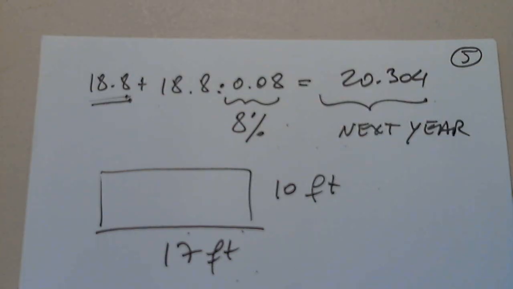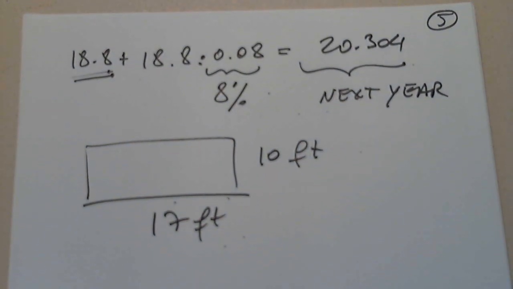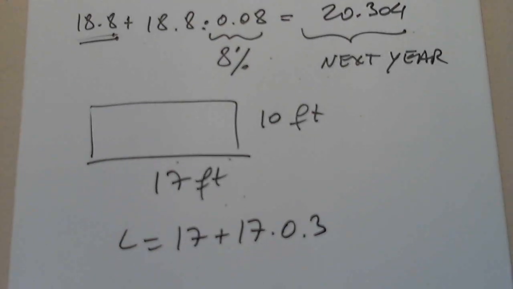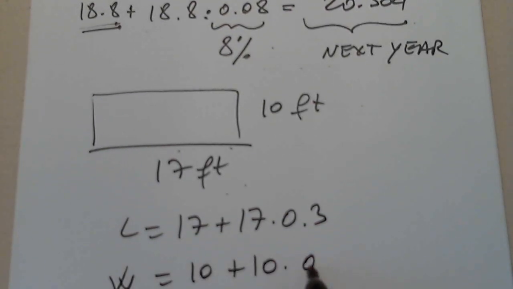He wants to increase each dimension by 30%. 30% doesn't mean anything by itself. It's 30% of the original. In other words, the length will be 17 plus 17 times 0.3, and the width will be 10 plus 10 times 0.3.